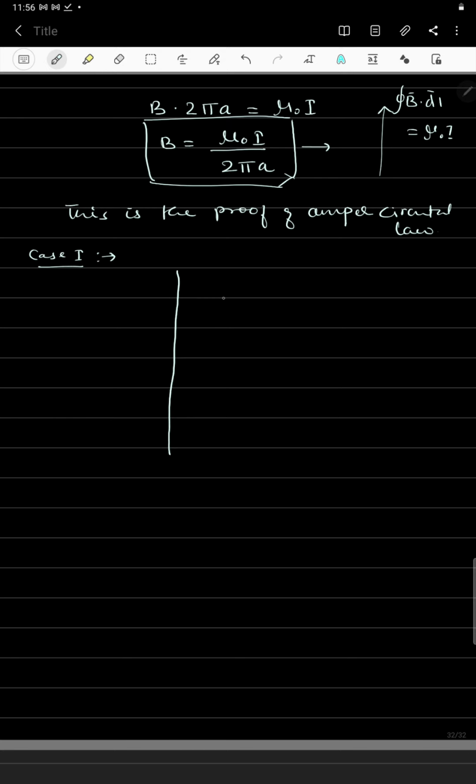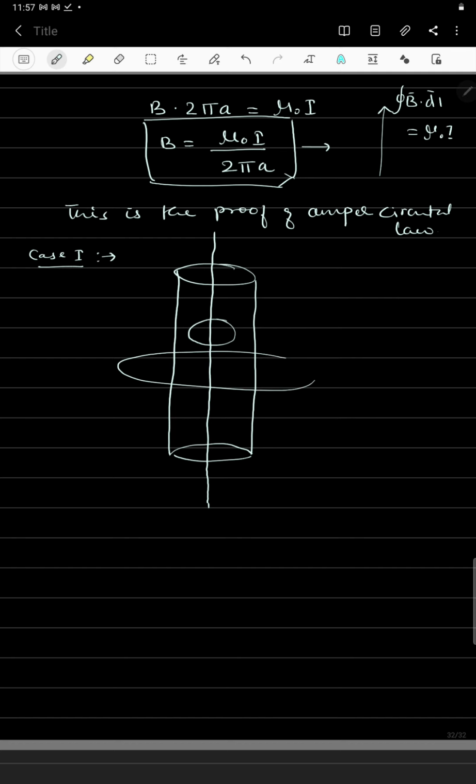Consider one of the conductors. This is an infinite conductor, and we'll draw the central axis of that conductor. Now there are two cases: one is the magnetic field inside the conductor, and the other is the magnetic field outside the conductor. First we'll see the magnetic field outside the conductor using Ampere's circuital law.